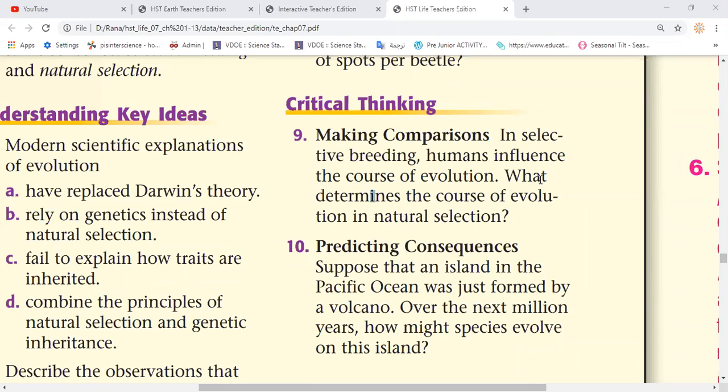So here, guys, the question is asking whether you know the difference between selective breeding, which is man-made, while natural selection already happens because of environmental conditions or natural forces, as Noor said. It asks how selective breeding could affect the course of evolution. So this selective breeding may help in evolution or not. So the point is, we need to find the interference between selective breeding and natural selection.